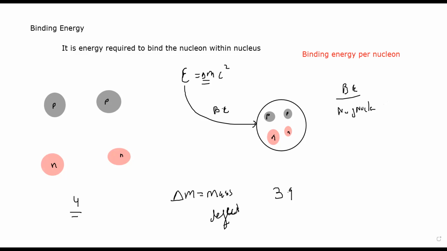If we sketch a graph for binding energy per nucleon, what we will find is this shape of the graph.